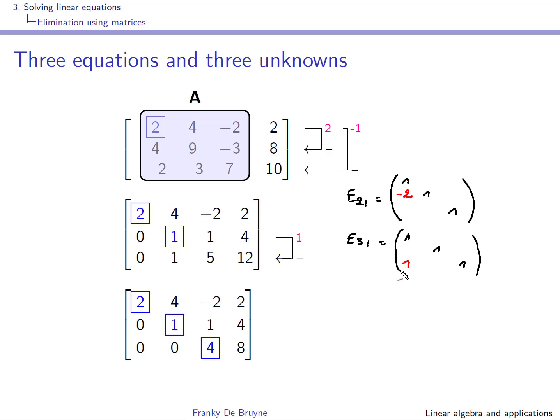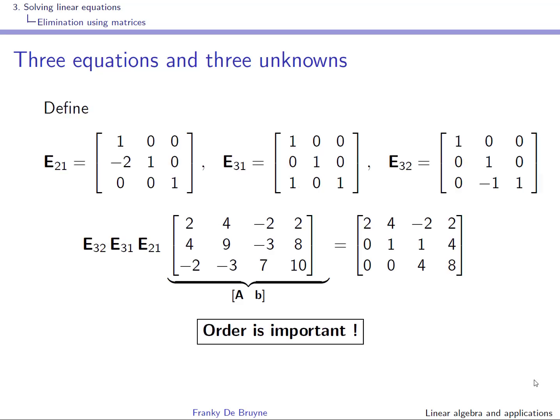And for the last elimination matrix, you want to create a 0 in element 3,2, so it will be called E32. You start from the identity matrix, take your multiplier and put a minus sign in front. So these are the 3 elimination matrices in this example.